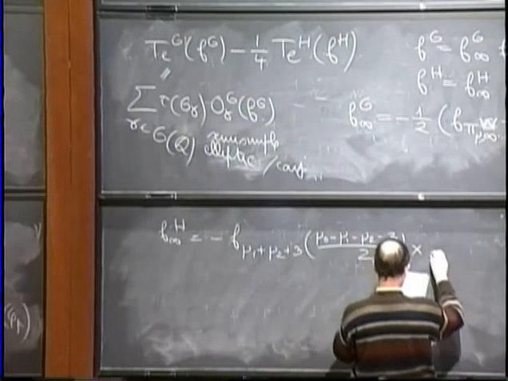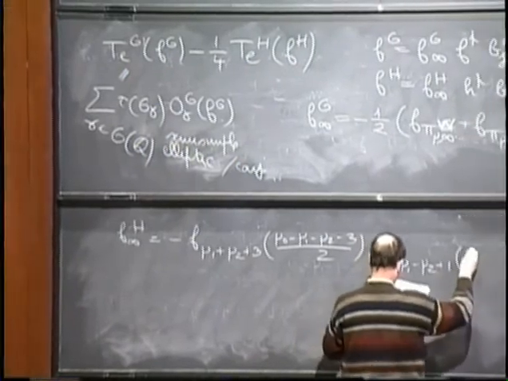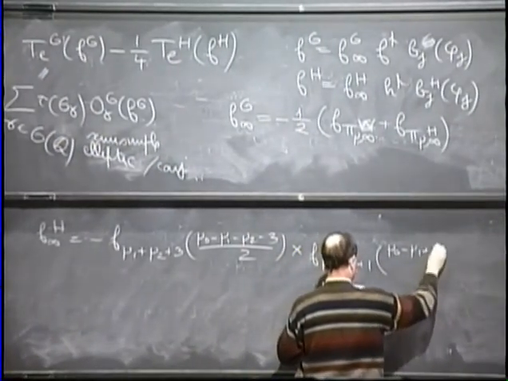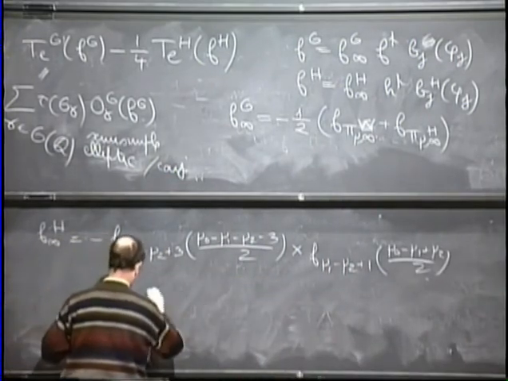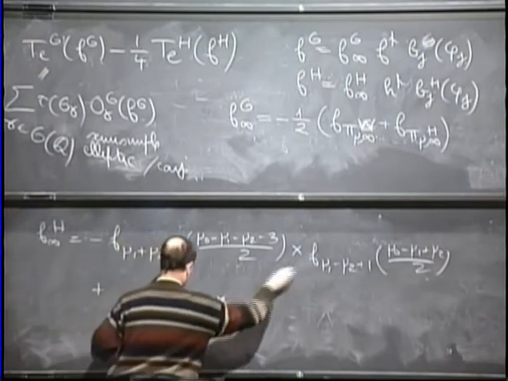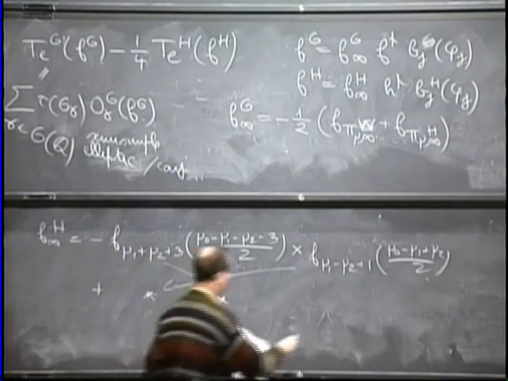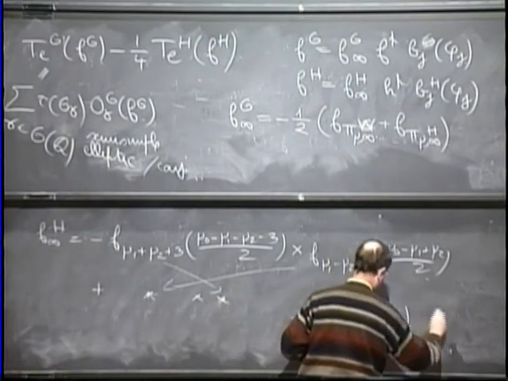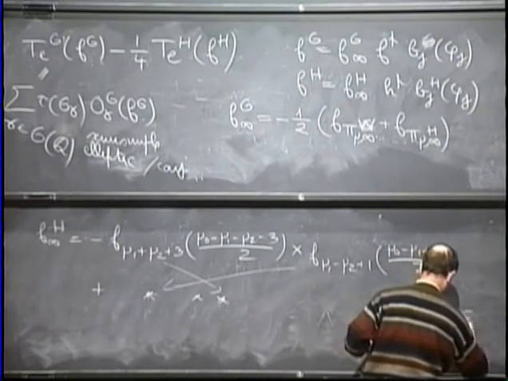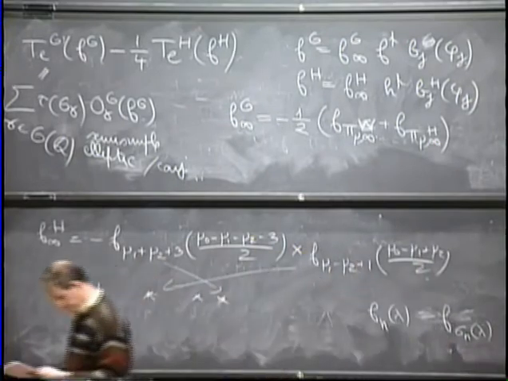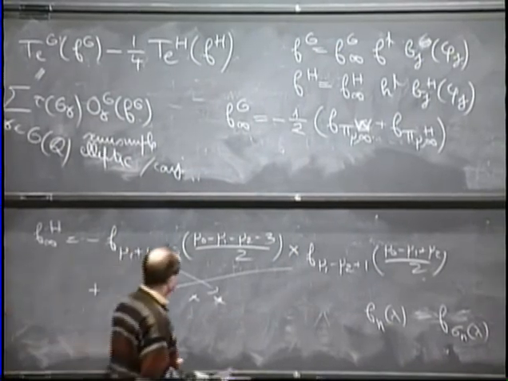Times something with, and I write it, but, and you have a symmetric term where you put, but this is this one, and this is this one. And this Fn lambda is a pseudo coefficient of sigma. It's a notation for a pseudo coefficient for this discrete series representation. So, okay, so this is completely explicit.